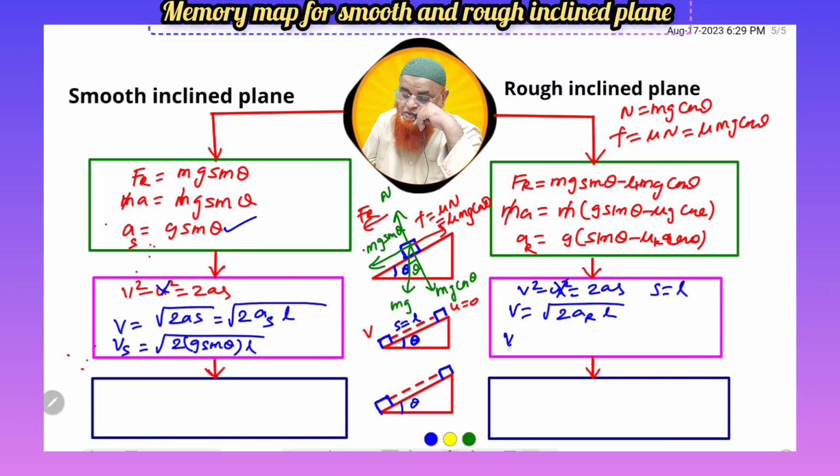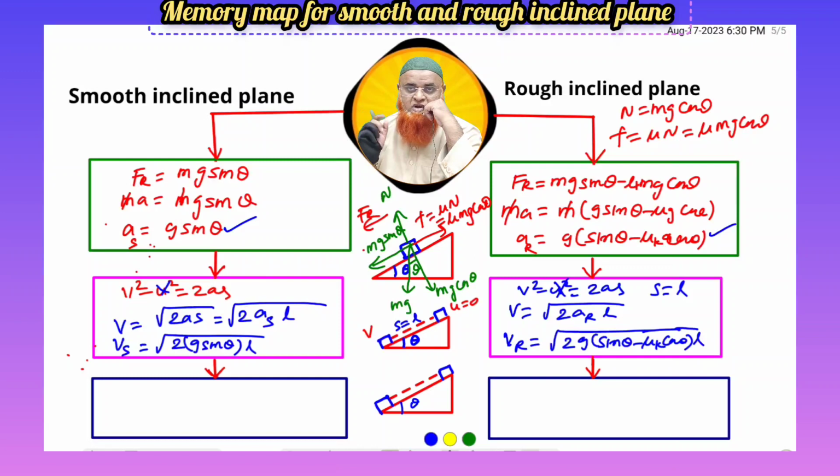So the velocity of the rough inclined plane at the bottom is square root of 2g into sin theta minus mu k cos theta into L. Okay, so we got the velocity of the rough inclined plane before touching the bottom point of the wedge.